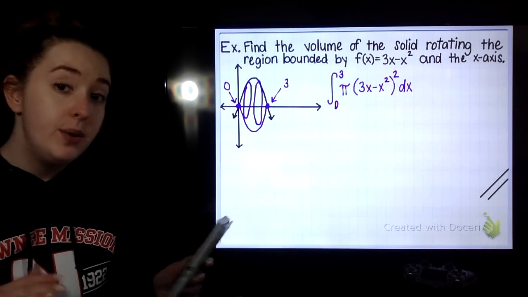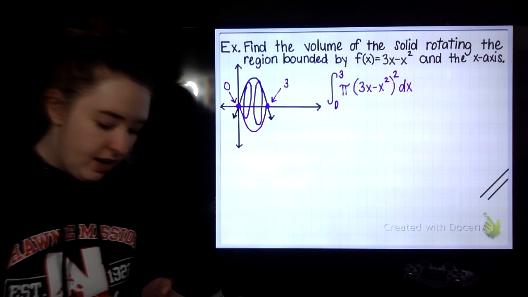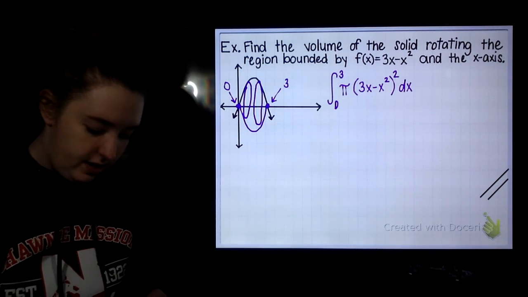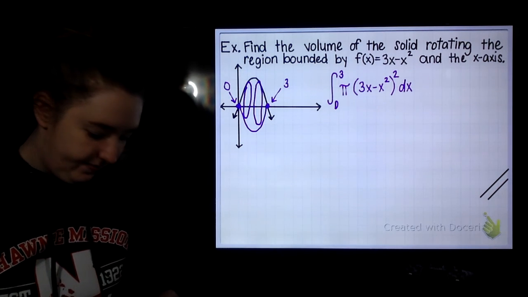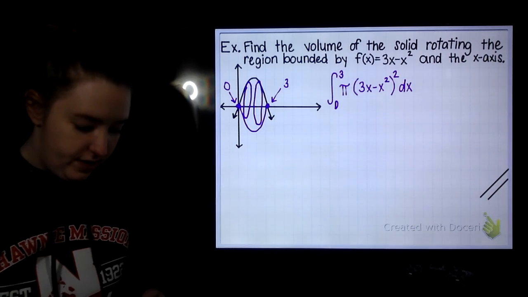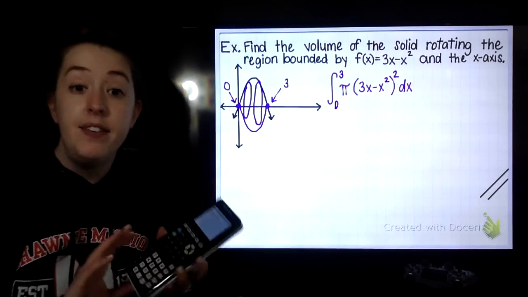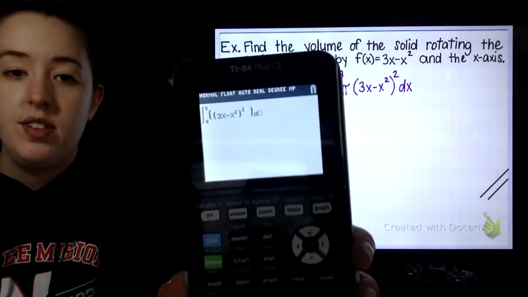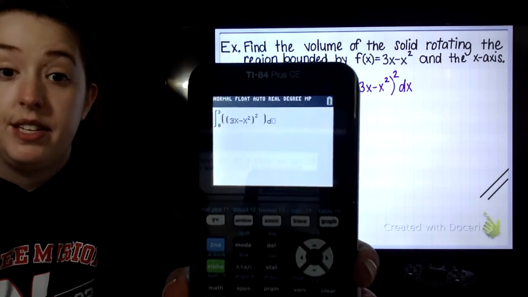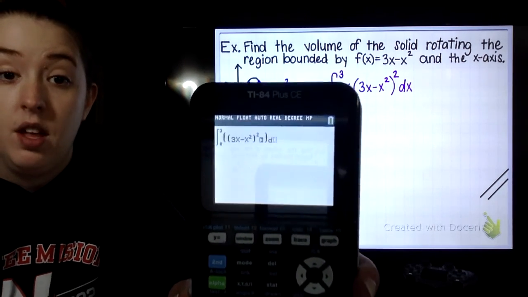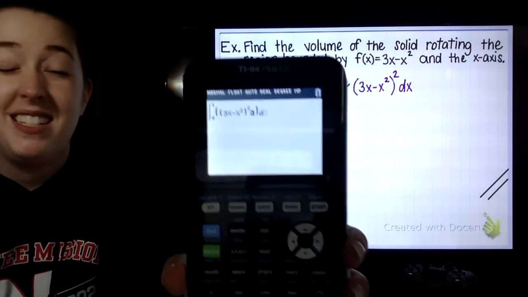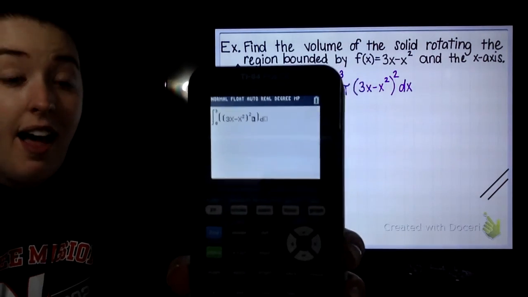So what I'm going to do is just put 3x minus x squared, parentheses, squared. So my advice, definitely put parentheses inside of parentheses right there, okay? Otherwise, it might take that integral and square it.